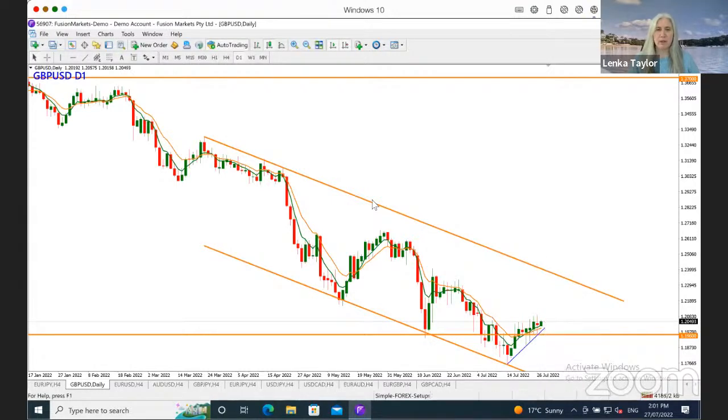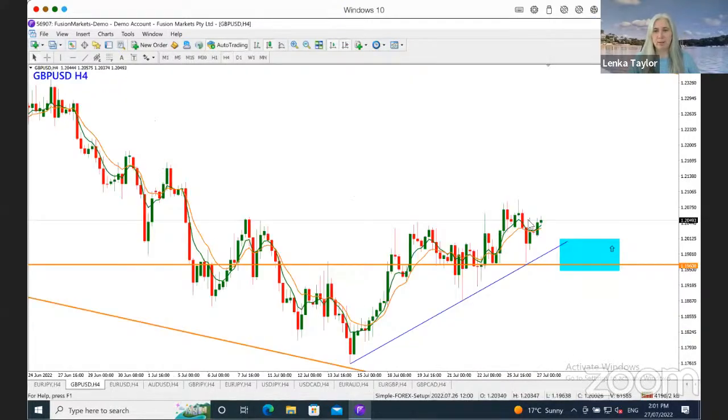So I will be looking on the 4-hourly time frame for any pullback and looking for opportunities to go long. If the price does pull back too far and goes back below that previous level of support, then that will also change the direction. But at the moment, looking for long opportunities here.